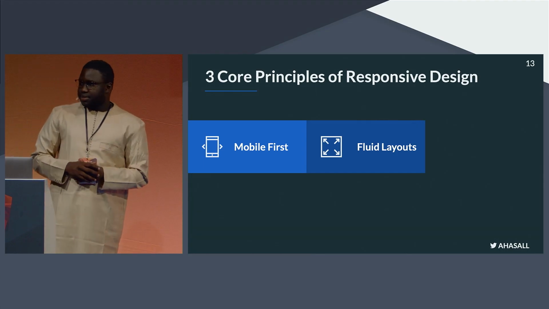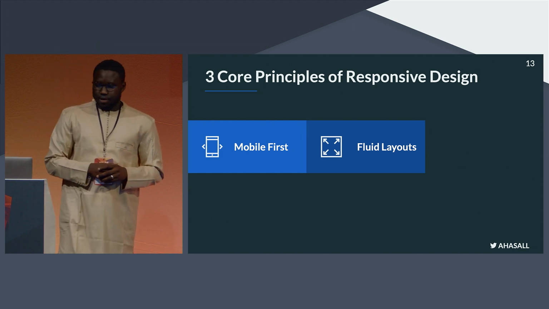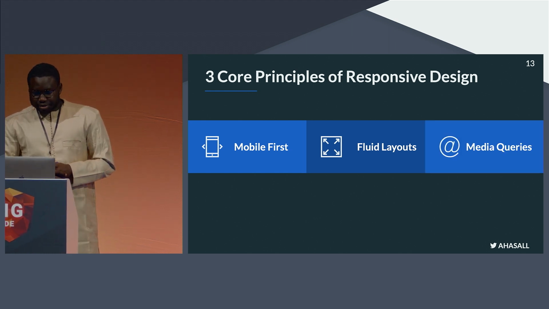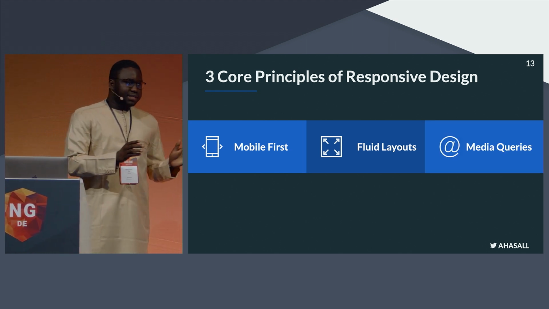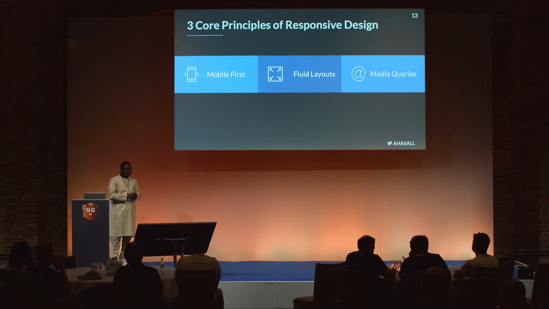The other one is fluid layouts. This allows containers to scale to different sizes based on the viewport of your screen. And the last one, media queries. This means that you alter your design based on the size of the screen you are working on. So you write some custom CSS specific to a screen size.